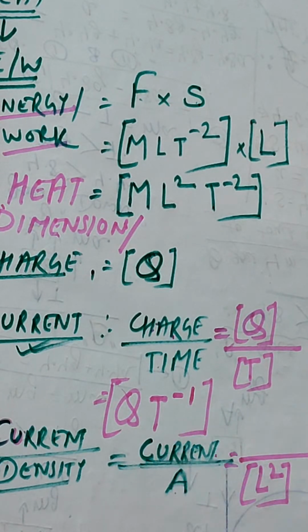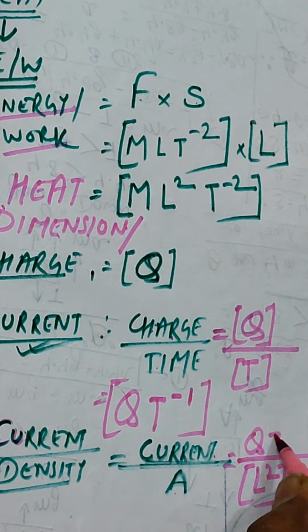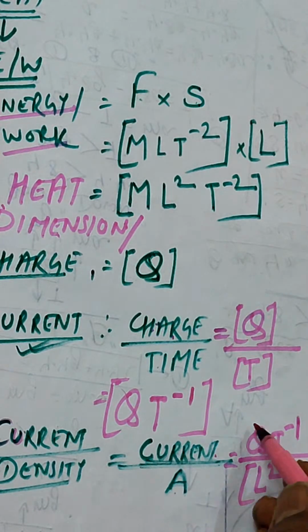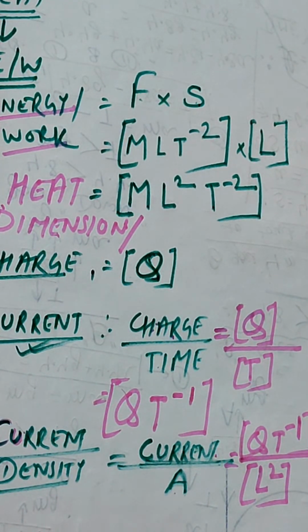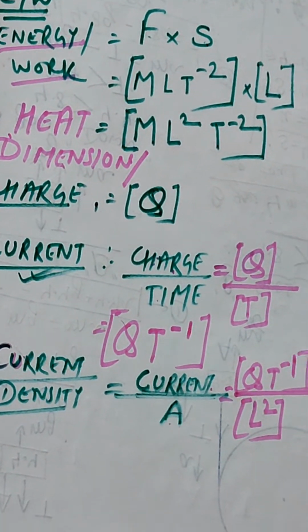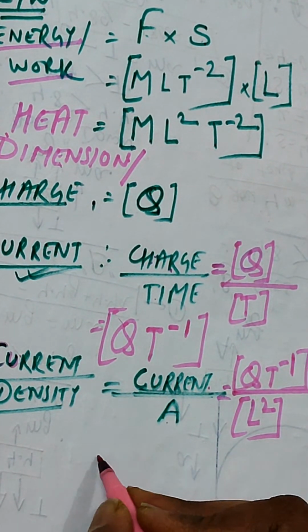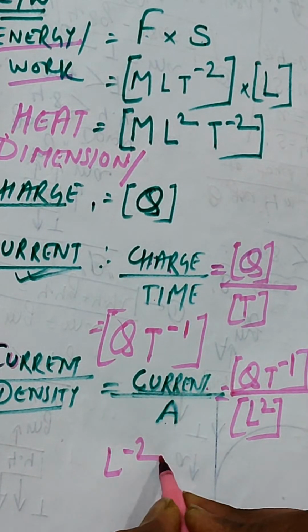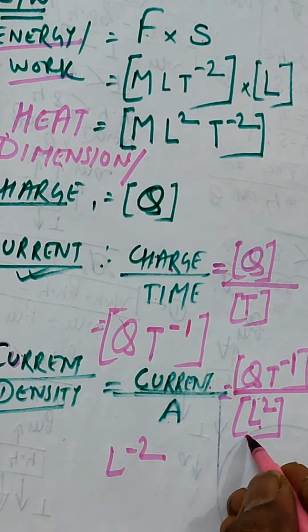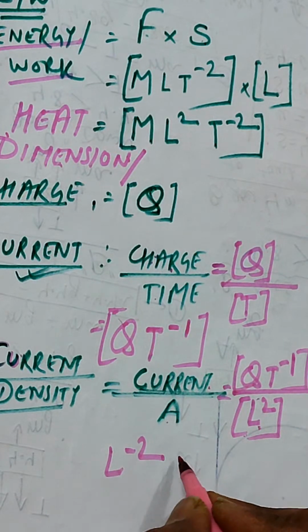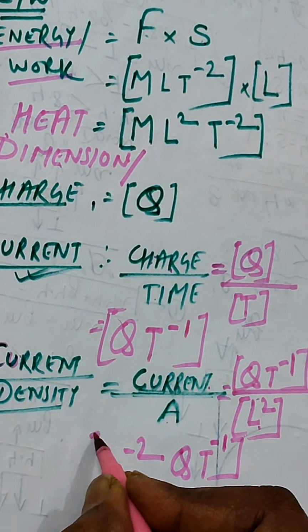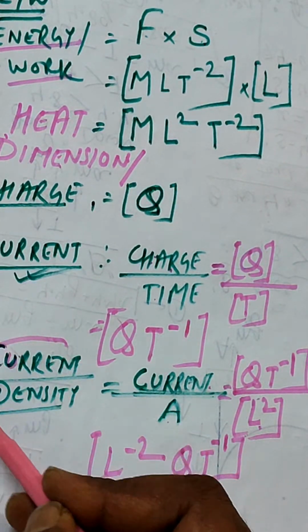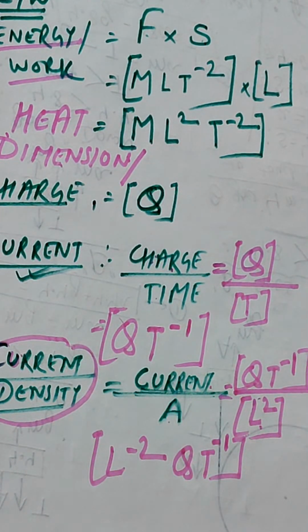When you combine all these together, L square coming to the numerator gives L minus 2 QT minus 1. So this will be the dimension of current density.